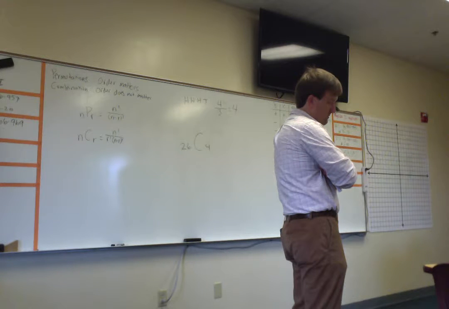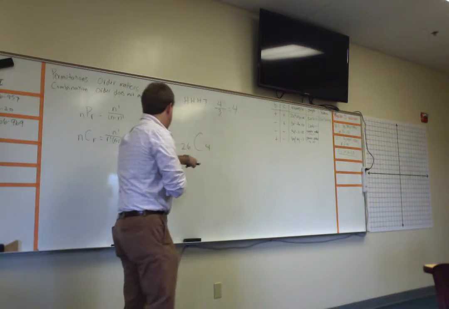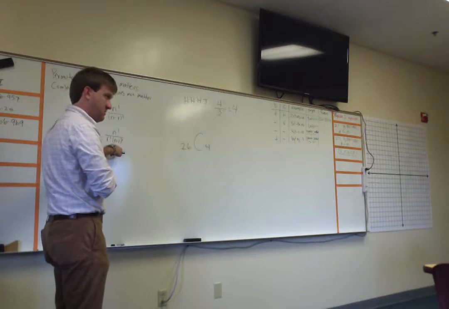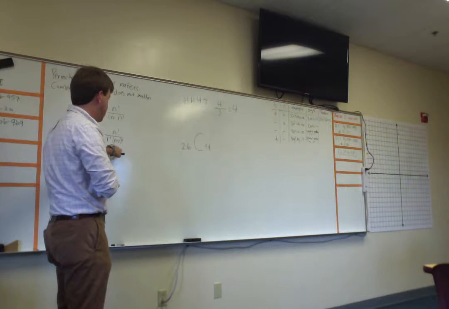What'd you come up with? Well, I haven't finished it yet. I have to write everything in. I'm gonna write out 26 times 25 times 24 times, for like forever, and then I'm doing that.